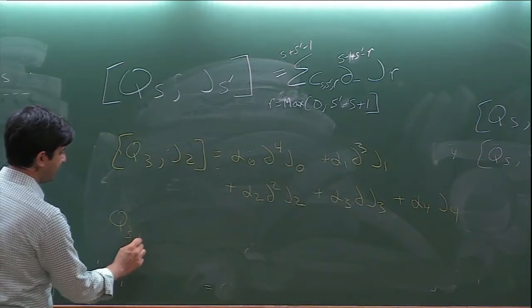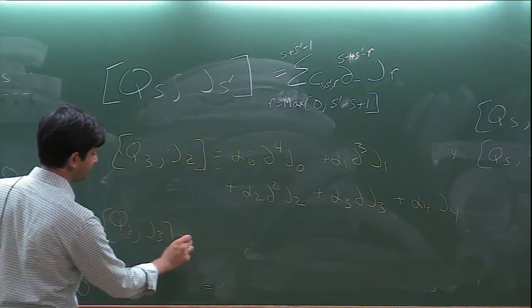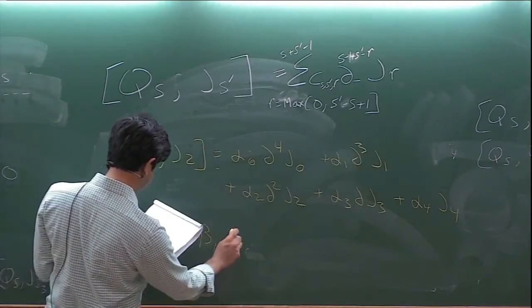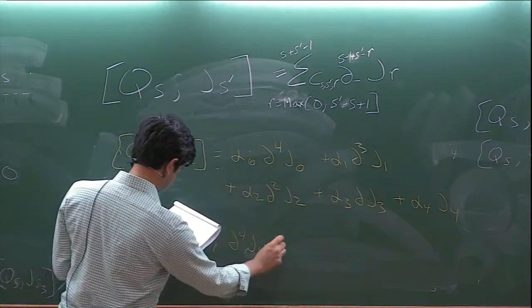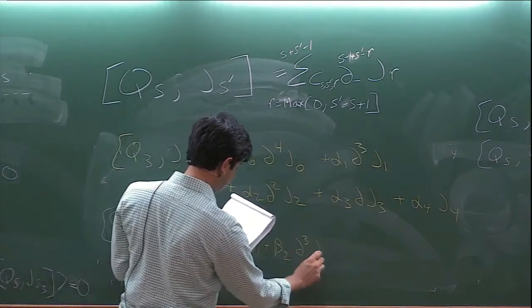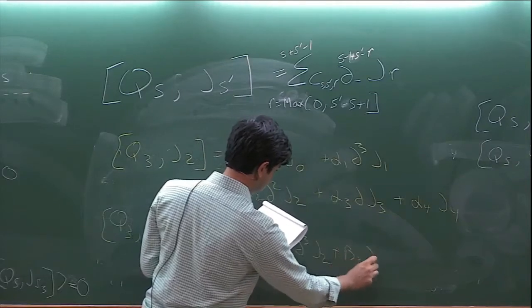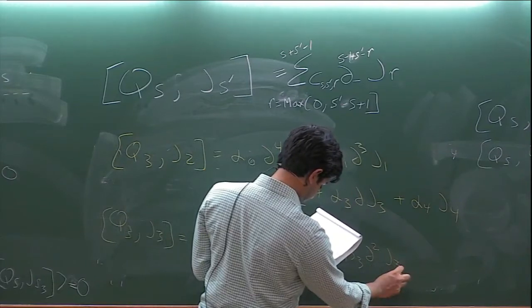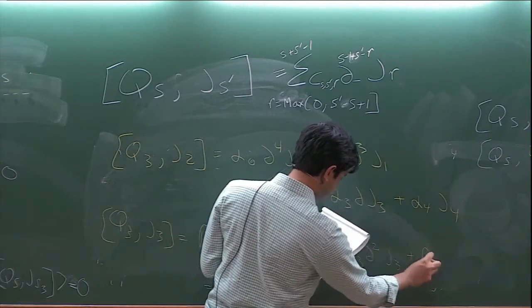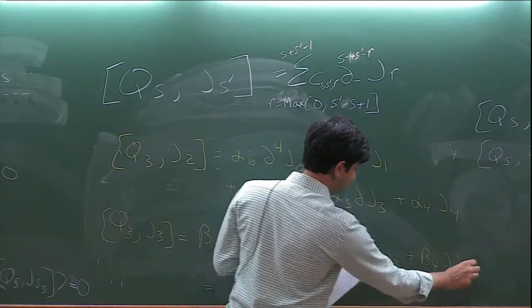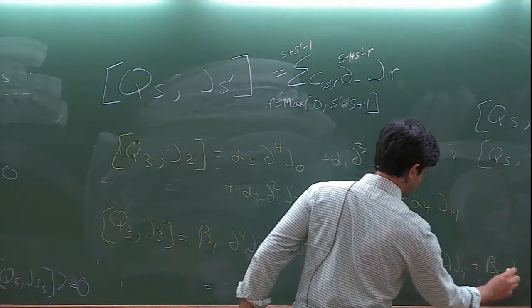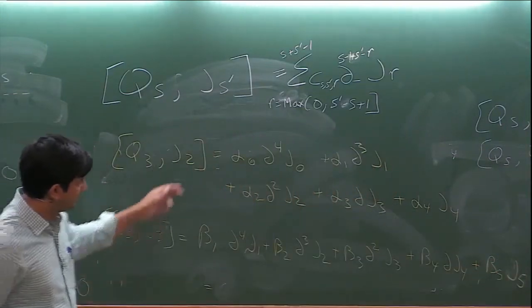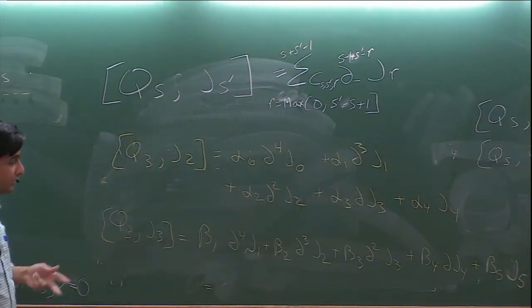Similarly, Q3 acting on J3 has to be something similar. So we have these undetermined parameters.